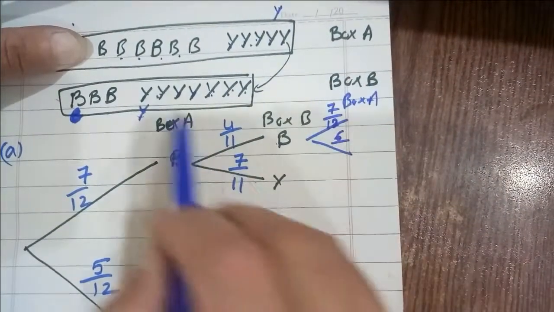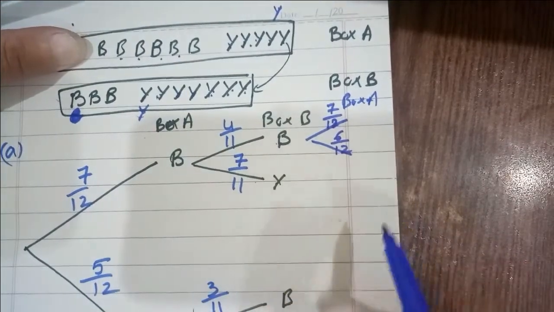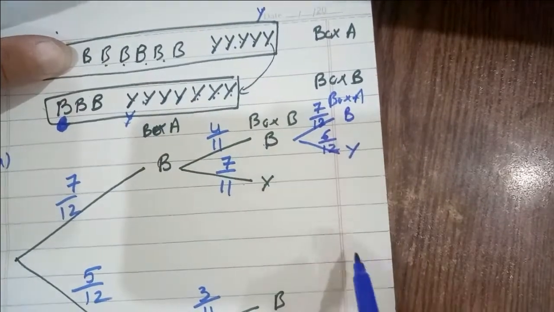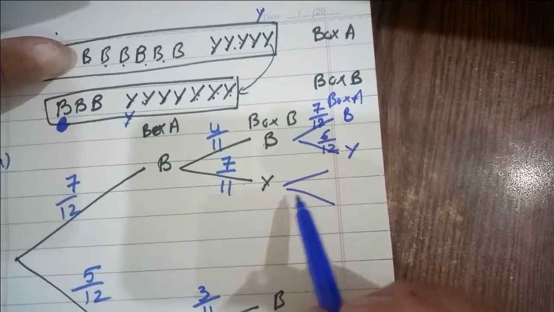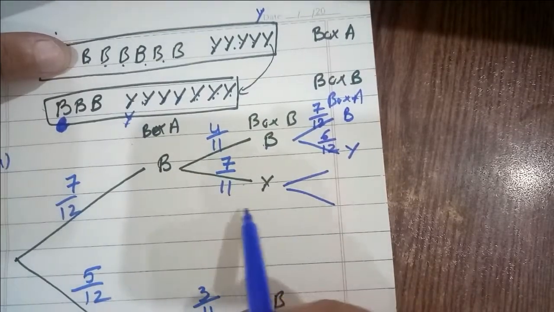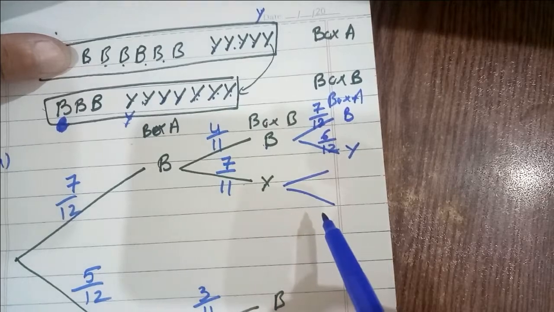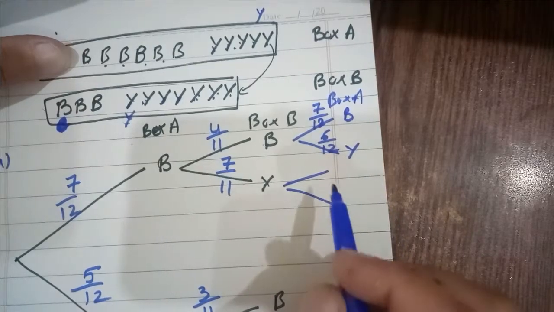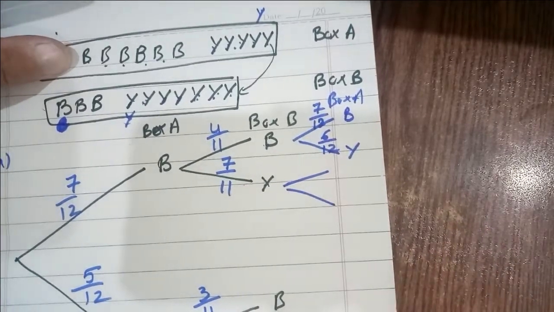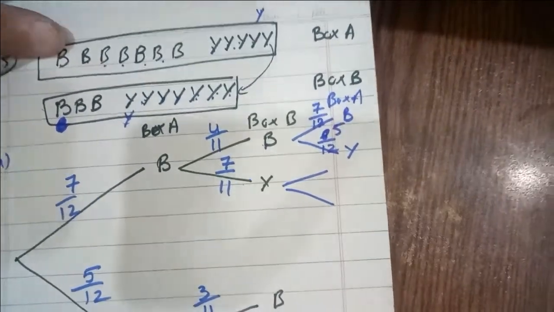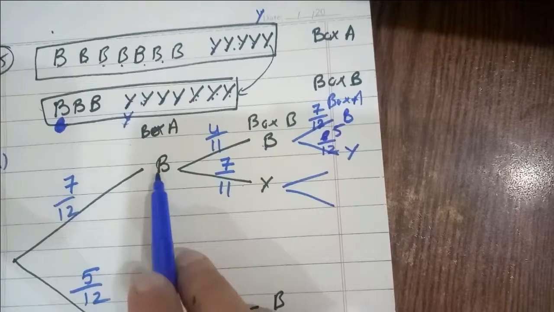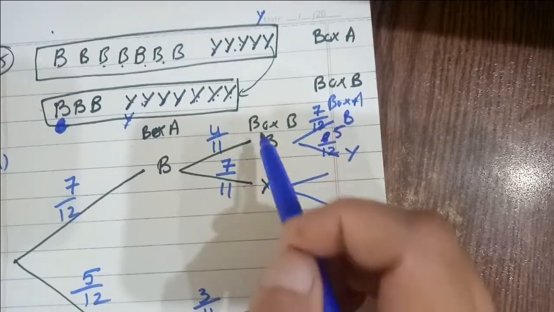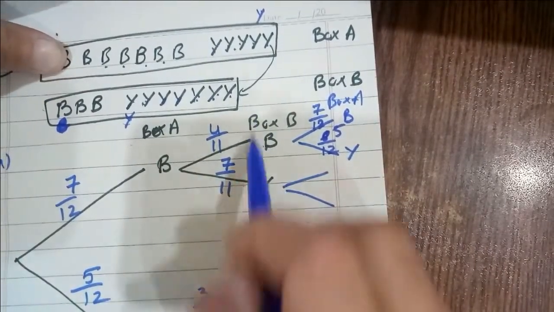So the probability will be 6 over total 12 for getting the yellow in box A. And if blue is taken from box A, then added in box B, and then yellow taken from B, so it means we have to add in this.